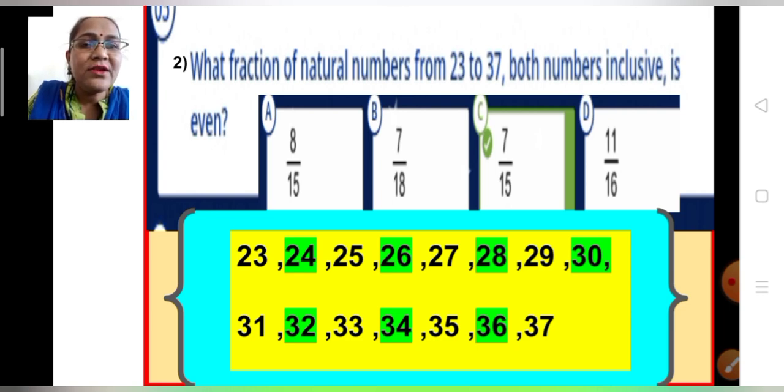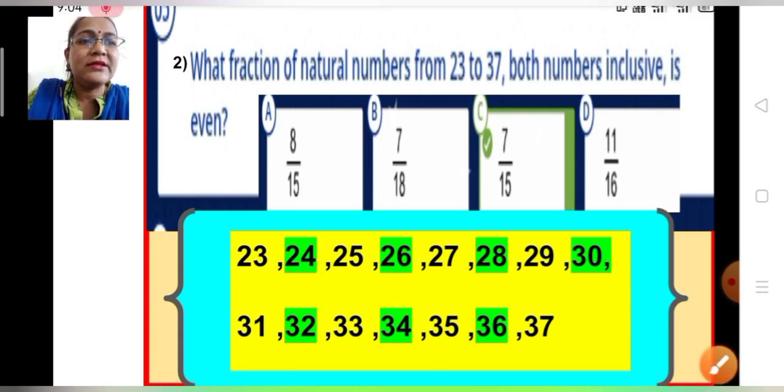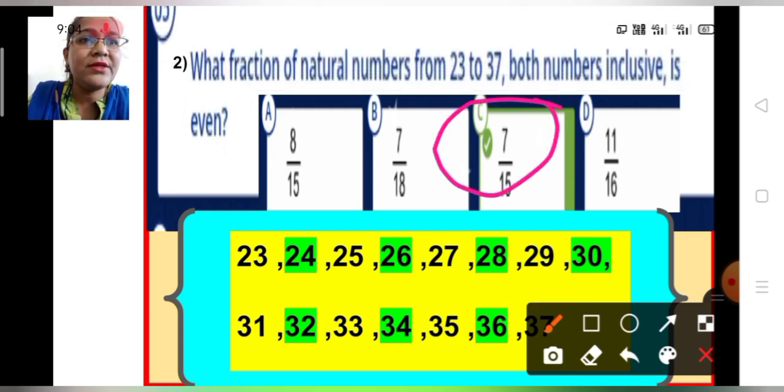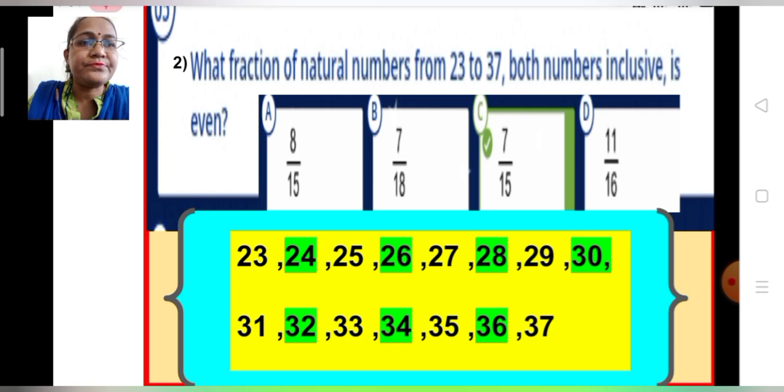So if you count the numbers from 23 to 37, there are a total of 15 numbers, out of which 7 numbers are even. So our answer is this one, option C. So you are supposed to click on option C.